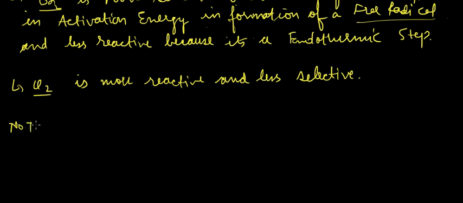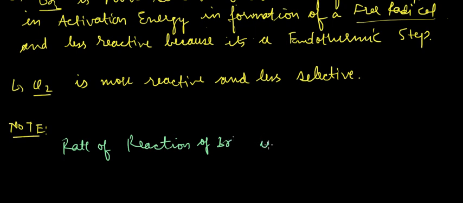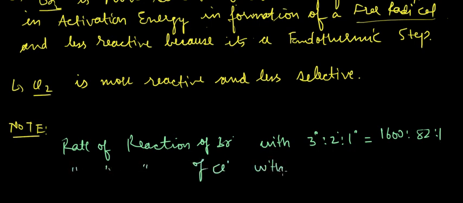As a matter of fact, let me write it down as well: the rate of reaction of Br dot with 3 degree, 2 degree, 1 degree is 1600 is to 82 is to 1, and similarly the rate of reaction of Cl dot with 3 degree to 2 degree to 1 degree carbon atom directly attached with the hydrogen atom is 5 is to 3.8 is to 1.